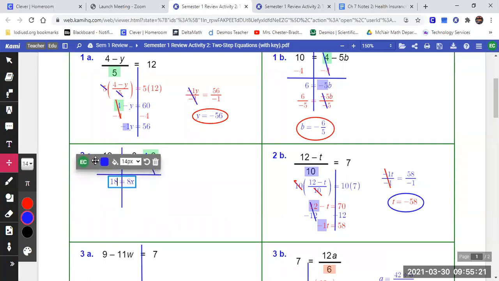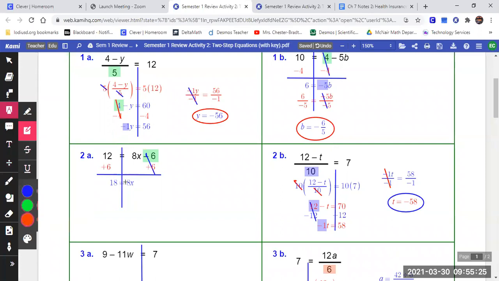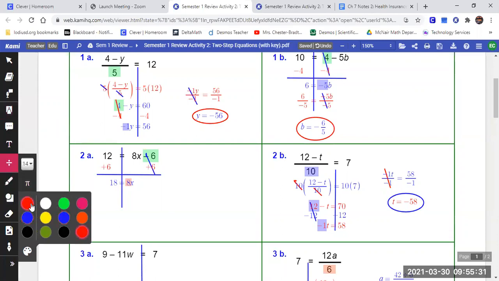Okay. Have I handled all the adding and subtracting? Yes. So now I'm going to big 1 this 8 out of here. How am I going to big 1? Divide 8 on both sides.